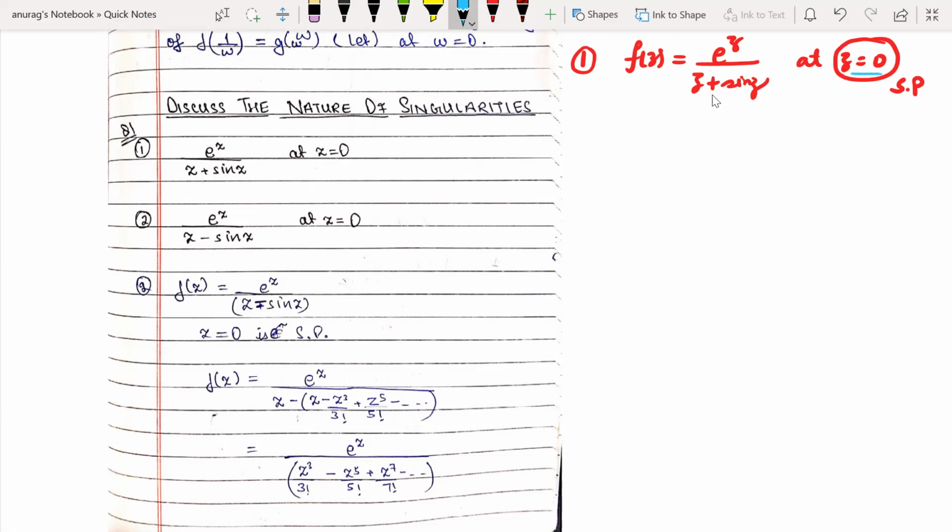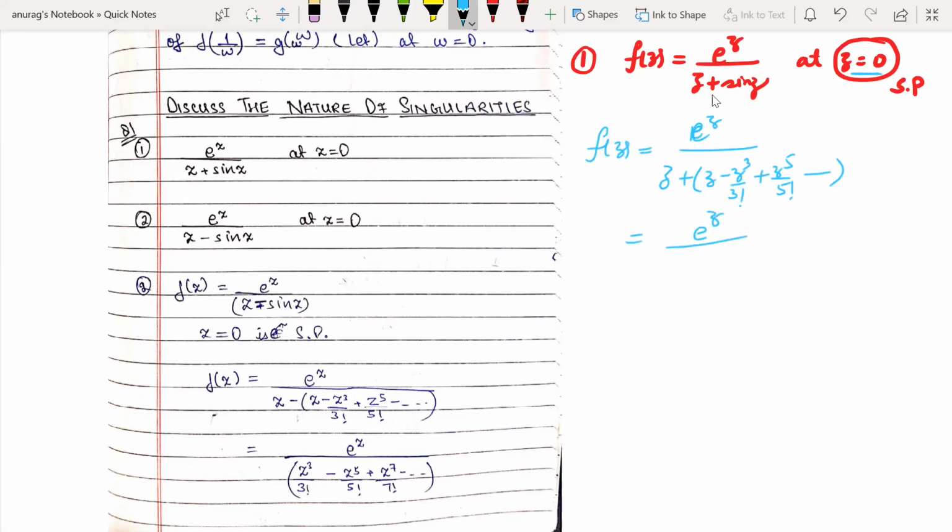Okay. Now, use the expansion for it. e to the power z, you can keep like this till now. z plus sin z can be written as z minus z cube by factorial 3 plus z to the power 5 by factorial 5 and so on.